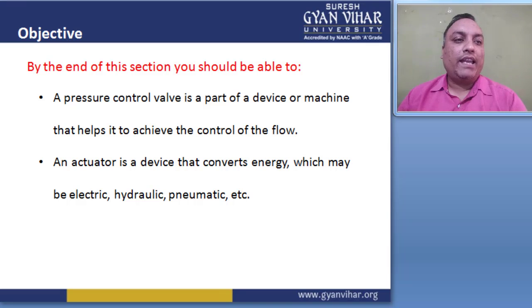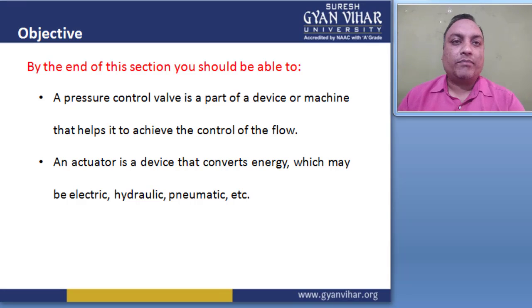In the case of actuators, there are different types. They may be electrical, hydraulic, and pneumatic types of actuators. So actuators are of different types: electrical, hydraulic, and pneumatic. And there are also different types of control valves.